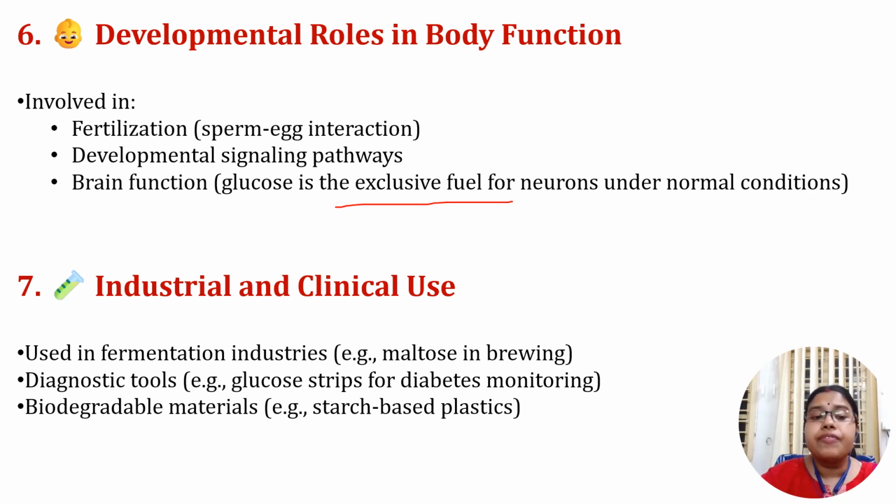It is used in the fermentation industry, because maltose is used in brewing. As diagnostic tools, glucose strips can be used for diabetes monitoring, and carbohydrate is also useful as a biodegradable material, because now we are producing starch-based plastics also.